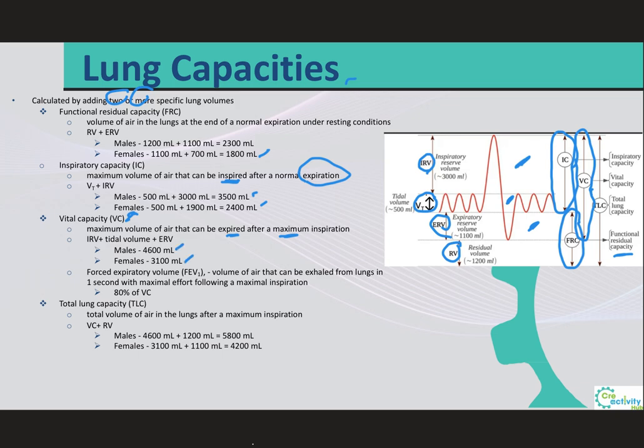In addition, we do have a term related to the vital capacity, which is the forced expiratory volume in 1 second. And this is the volume of air that can be exhaled from the lungs in 1 second with maximal effort following a maximal inspiration.